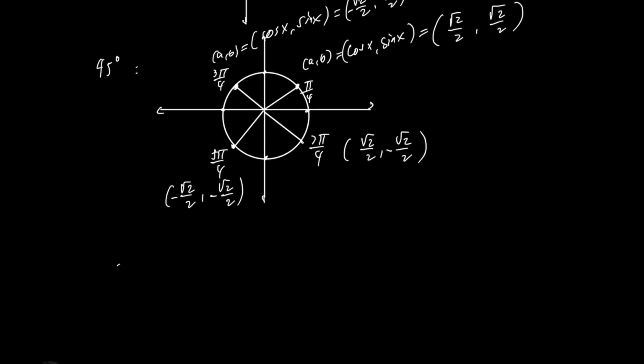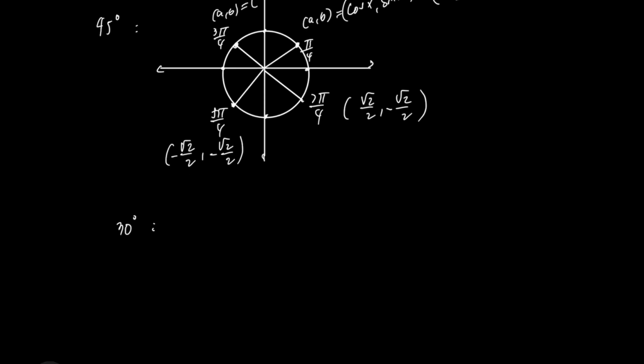Now you can do the same thing for the 30 degrees. Just get the multiples of 30 degrees. What are the multiples of 30 degrees? Of course, the quadrantal angles are multiples of 30 degrees. And aside from that, we have 30 degrees, which is pi over 6. And then 60 degrees, that's also a multiple of 30 degrees, and that is pi over 3.